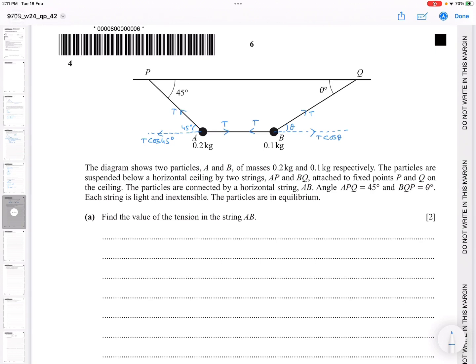So my weight is 0.1 g here downwards, and here my weight is 0.2 g.